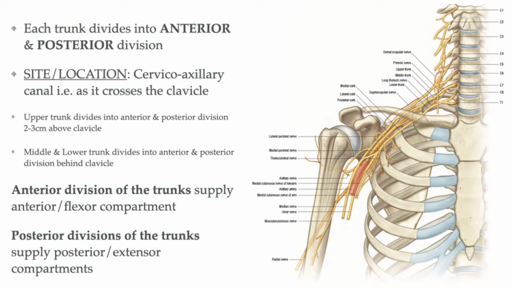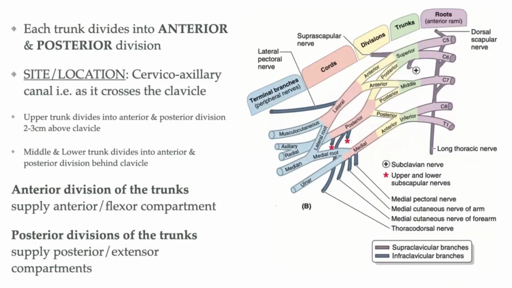The nerve fibers present in the anterior division provide nerve supply to the anterior compartment, that is the flexor compartment of the upper limb. Likewise, the nerve fibers present in the posterior division provide nerve supply to the posterior compartment, that is the extensor compartment of the upper limb.